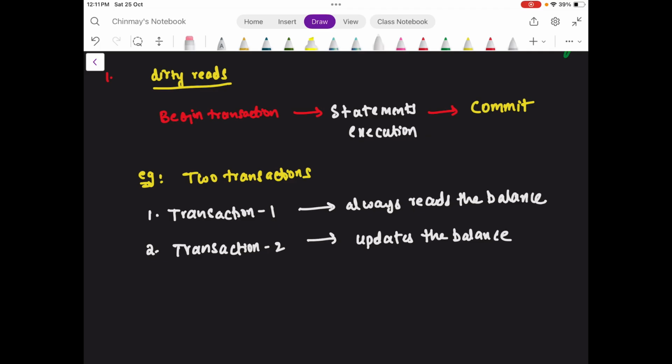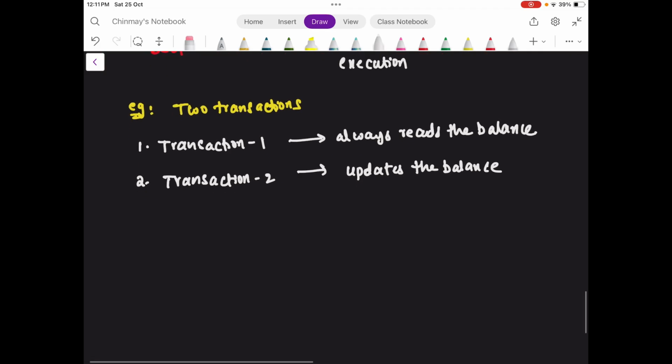Okay, this is what the two transactions would do. Updates means some credit or debit will happen. Here, transaction 1 always reads the balance, which means checking the balance.